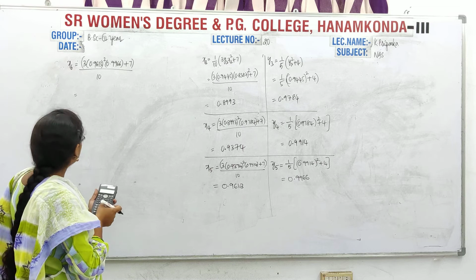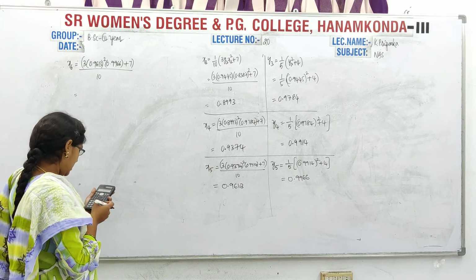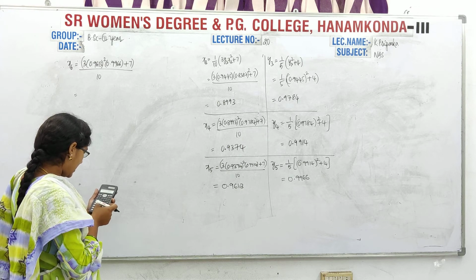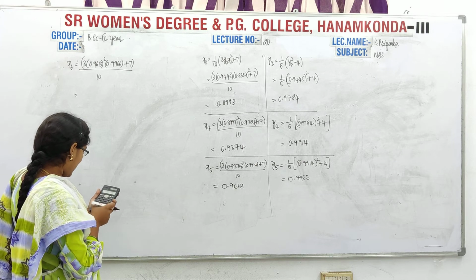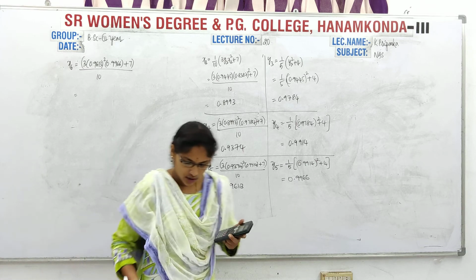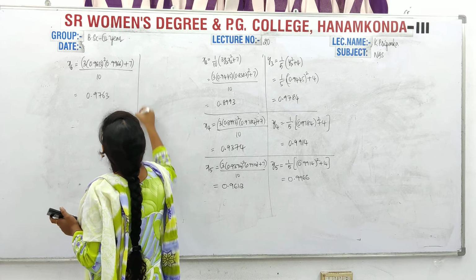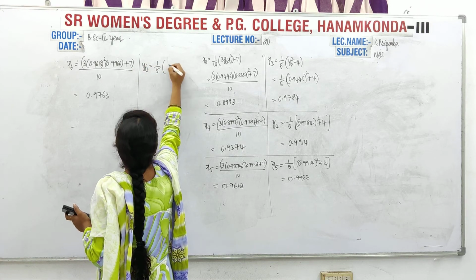Now 0.9613 whole square into 3 into 0.9966 plus 7 divided by 10. Now it is 0.9763.